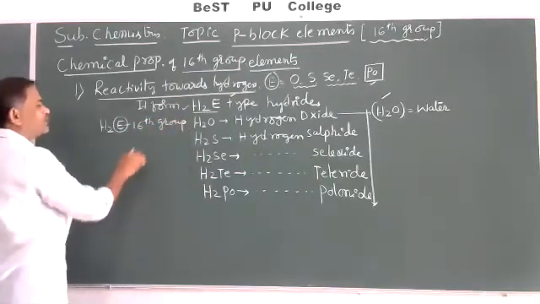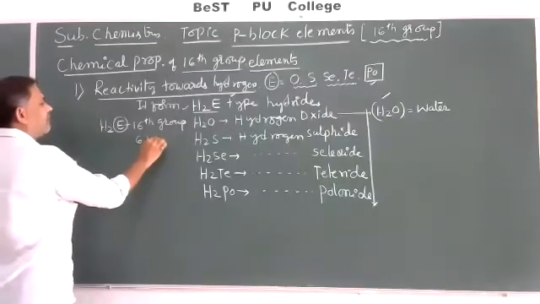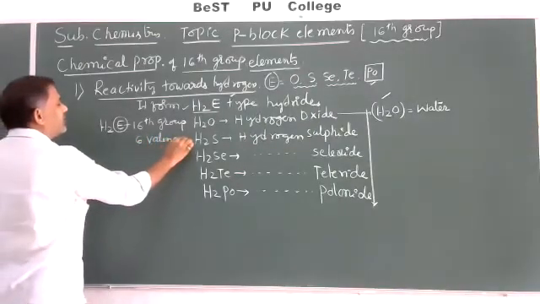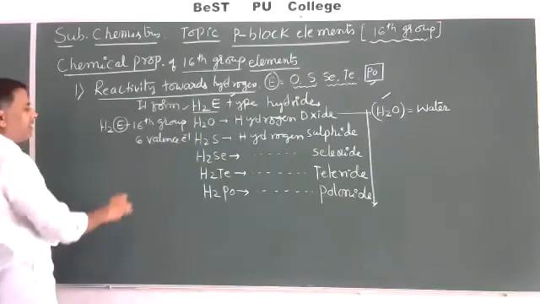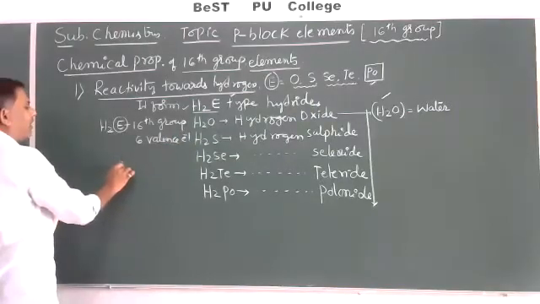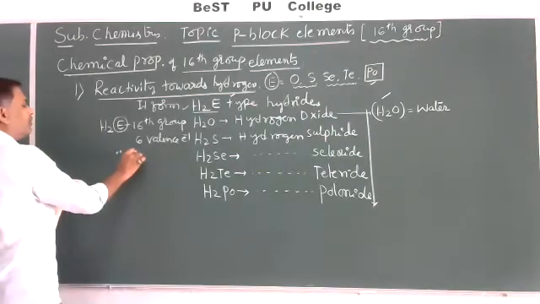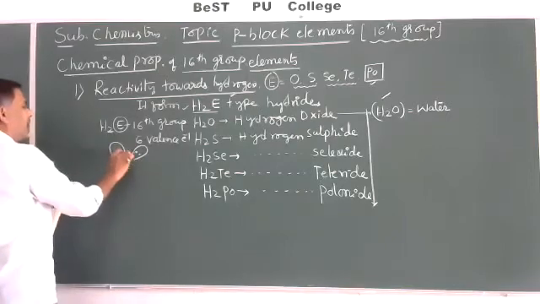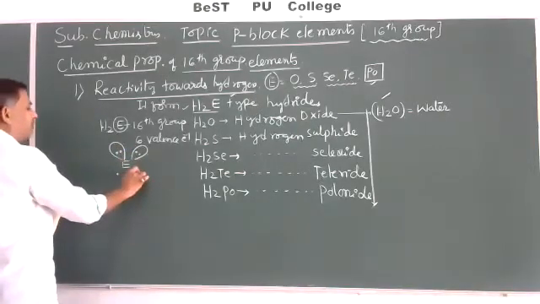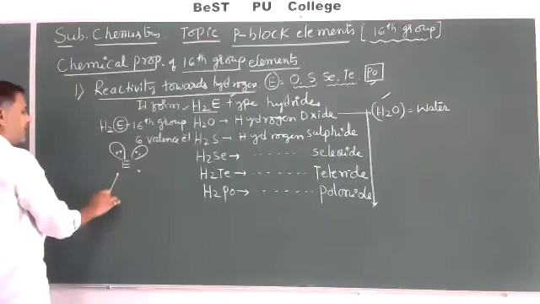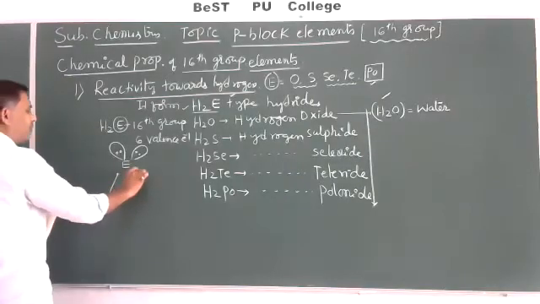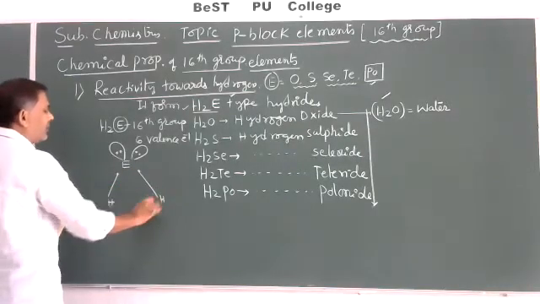A 16th group element contains 6 valence electrons. Among the 6 valence electrons, on the central element E, 2 are lone pairs, and the remaining 2 are unpaired. These unpaired electrons bond with hydrogen covalently.